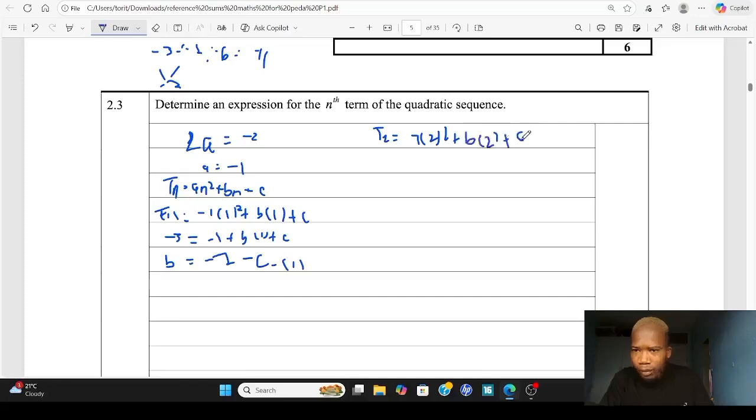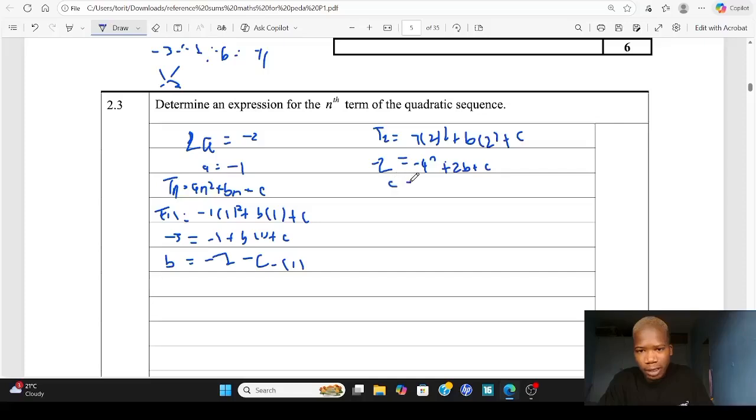The value of T2 is minus 2, so minus 2 is equal to minus 4 plus 2b plus c.